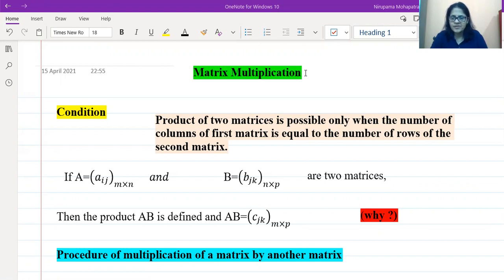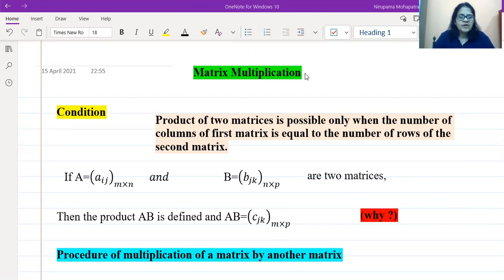The condition is that the product of two matrices is possible only when the number of columns of the first matrix is equal to the number of rows of the second matrix. Okay, I'm repeating. The number of columns of the first matrix should be equal to the number of rows of the second matrix.